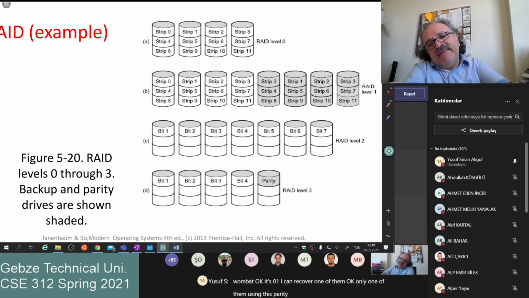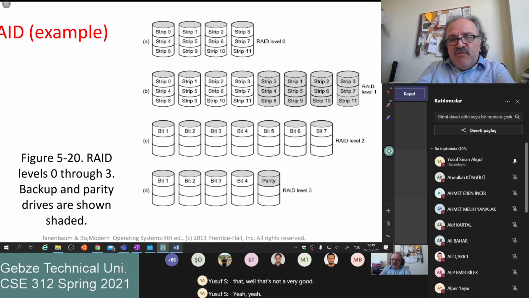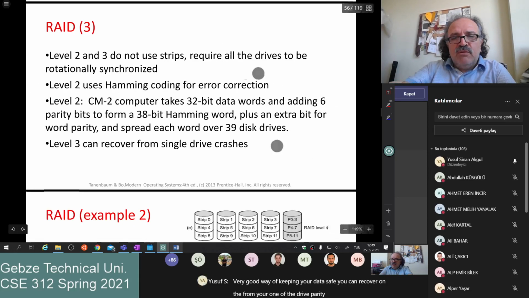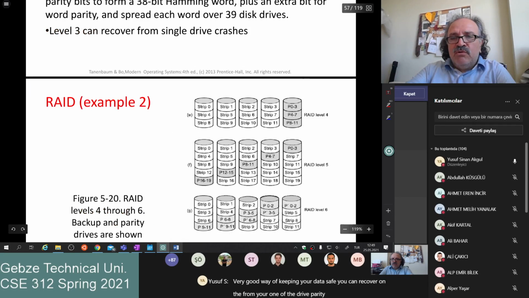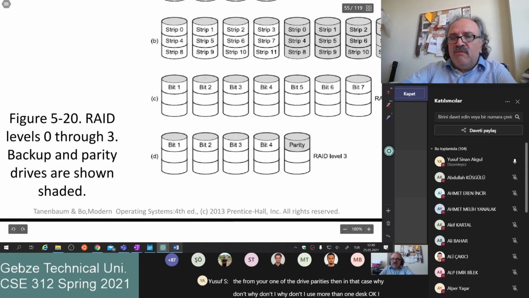You might say that's not a very good way of keeping your data safe, because you can recover only one of the lost bits. Then in that case, why don't I use more than one parity disk? One parity is for these two and one parity is for these two.